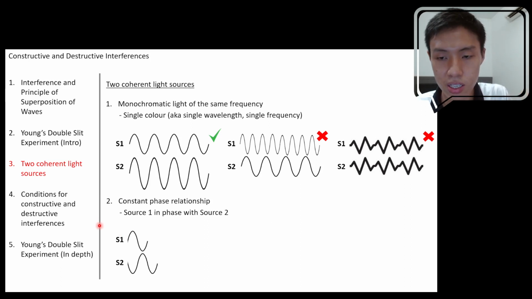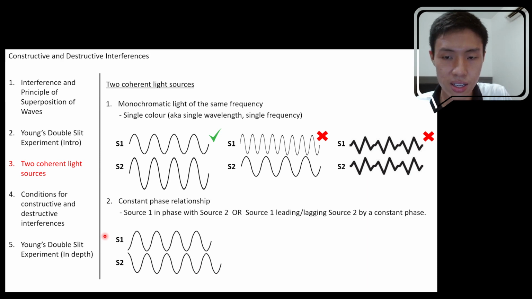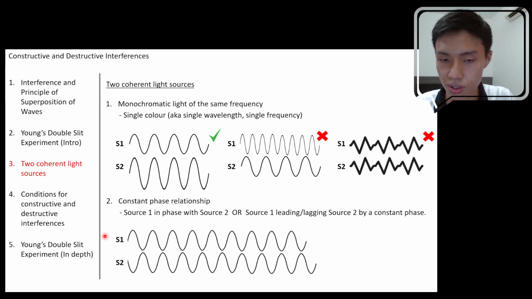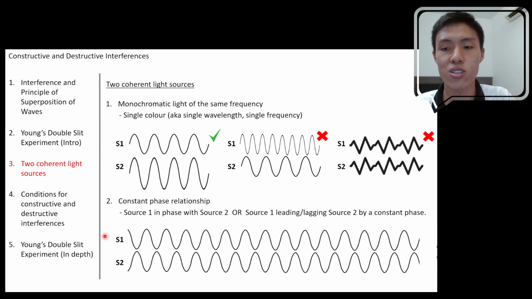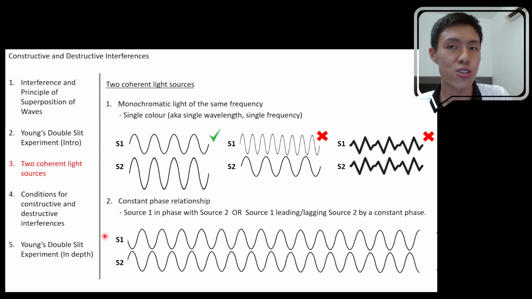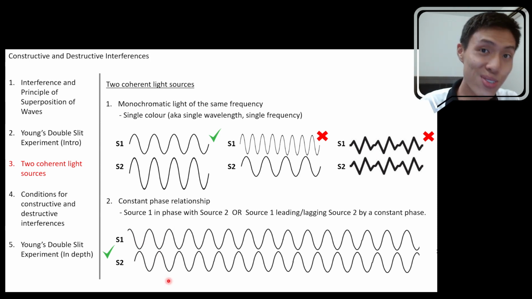So let's see whether they have a constant phase relationship or not. Now you see it's a crest, then a trough for the other source. If you let the wave travel throughout the experiment, you can see that the relationship is maintained. If a crest comes out from source 1, a trough comes out from source 2. If a trough comes out from source 1, a crest comes out from source 2. This relationship remains throughout the experiment.